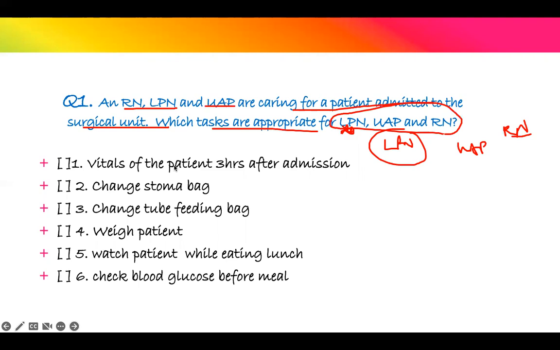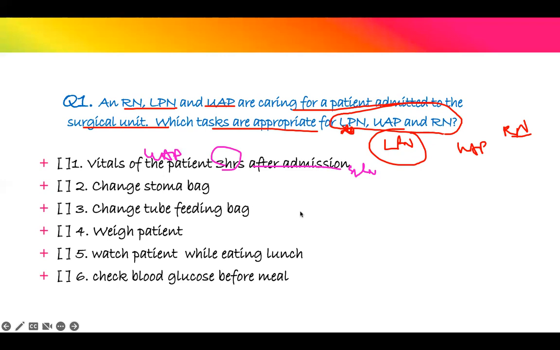So vitals of the patient 3 hours after admission, where the patient is stable. Who usually checks vitals? Something that doesn't require thinking. So this is a UAP staff.